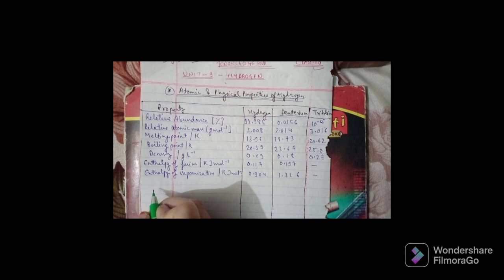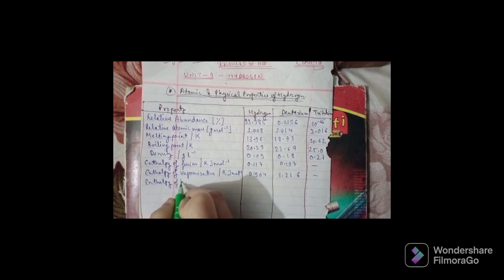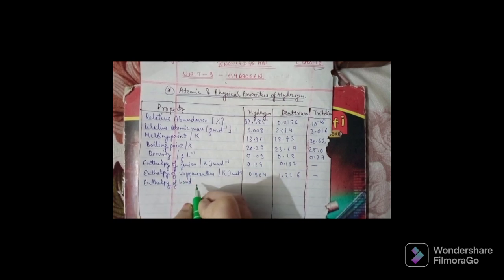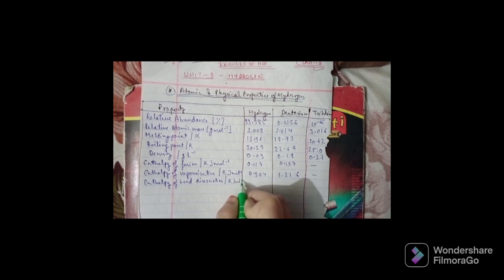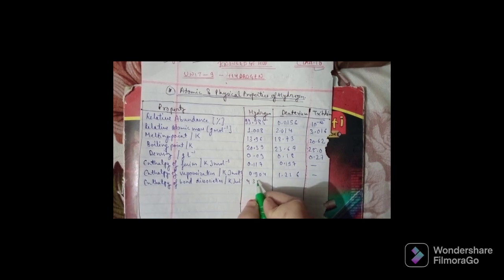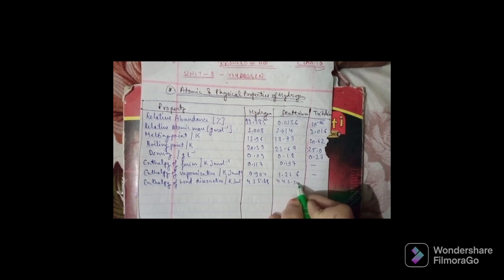Another is enthalpy of bond dissociation, in kilojoule per mole at 298.2 Kelvin, which is 435.88 and 443.35.